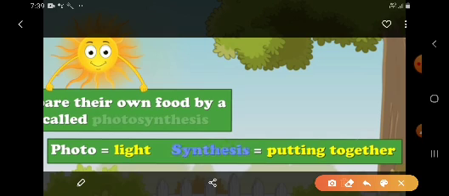Synthesis means putting together. So children, when we put together various things along with light, we have a process called photosynthesis.